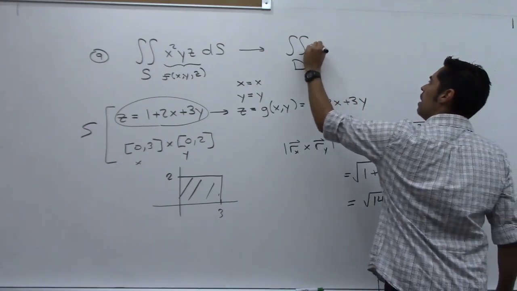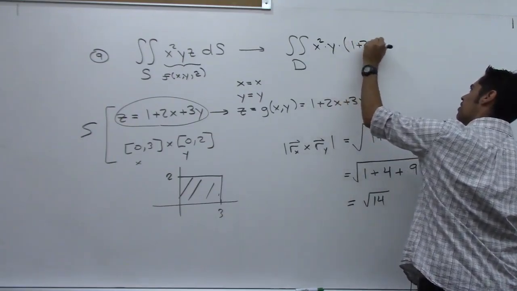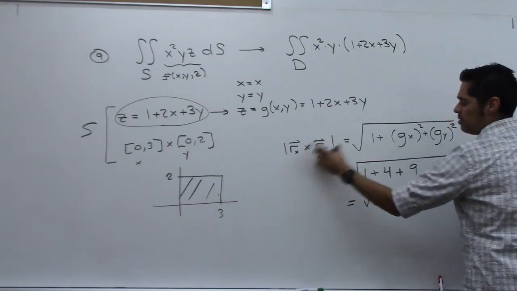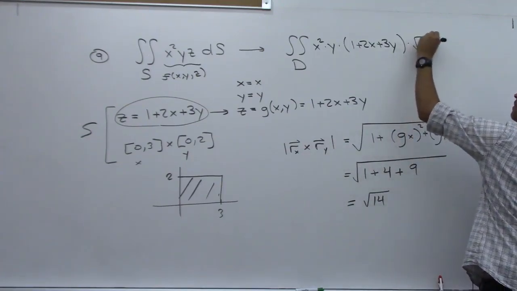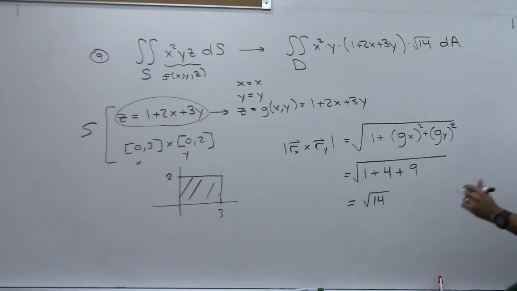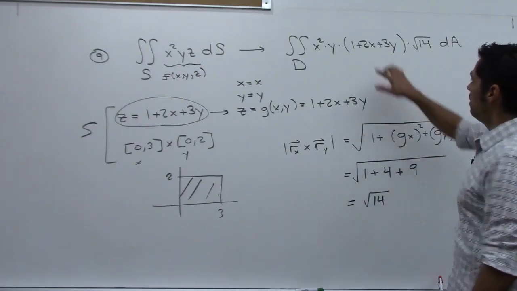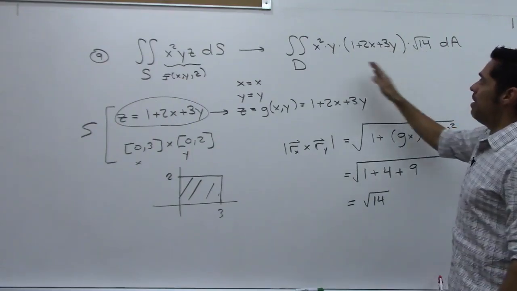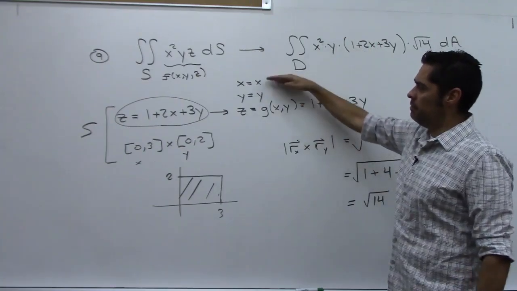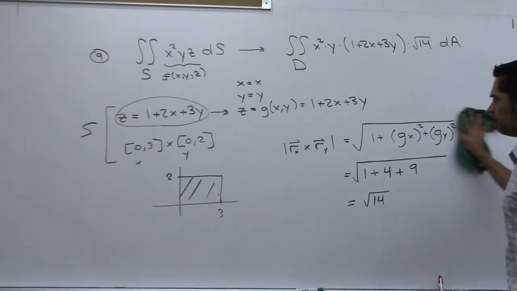So that becomes x squared times y times z, which is 1 plus 2x plus 3y, and then times root 14. I can pull that out. And then dA. All right, so please understand, this is the same formula from last time, with the exception that this computation right here is easier, and when you plug into the scalar function, we're not plugging in functions of u and v, we're plugging in functions of x and y. It's just because of the nature of the special case here.